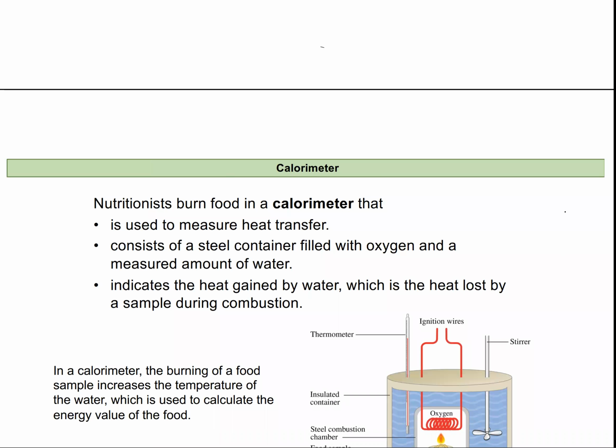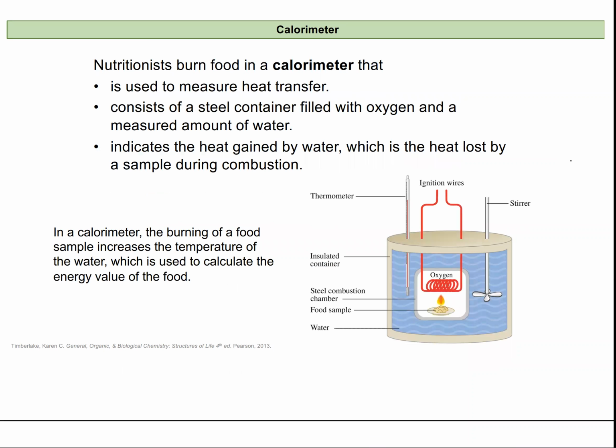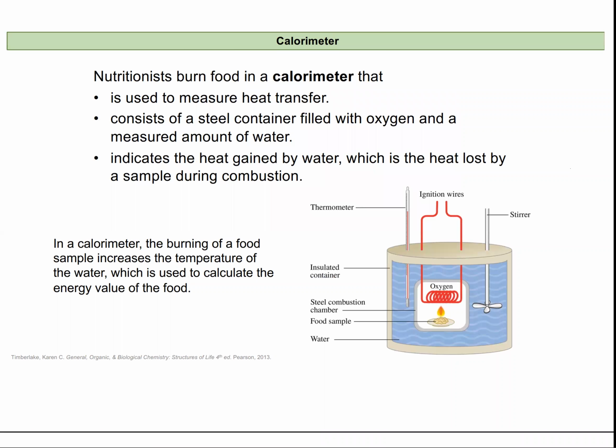So we typically determine the amount of energy in a piece of food using a calorimeter. And nutritionists will burn food in a calorimeter, and it'll measure the amount of heat that transfers from the sample into the water around it, this area here, which is stirred, and then you can measure the temperature change using a thermometer.